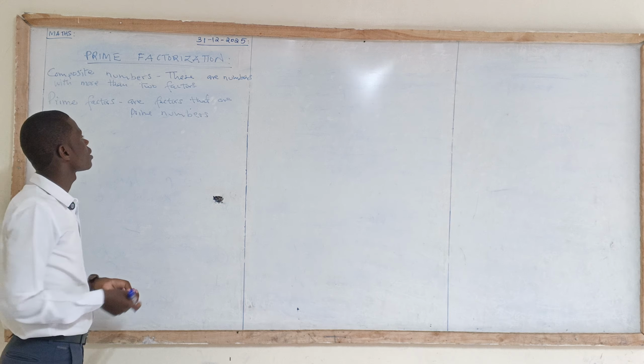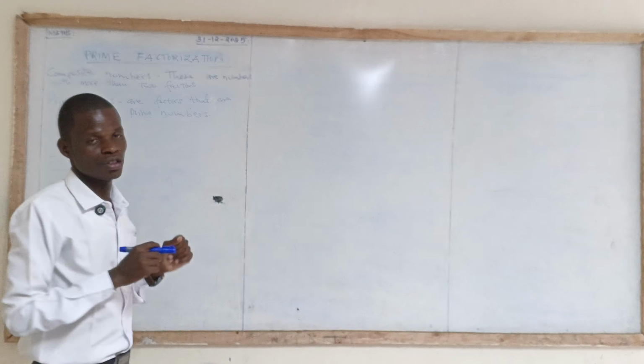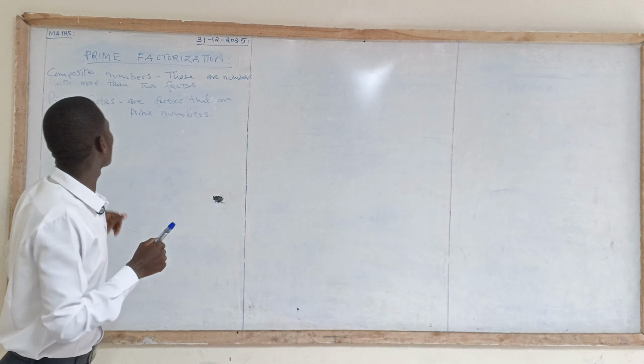Is there anything now that you don't understand from the definition? No. So from here, after knowing composite numbers, any composite number that you have, 36, that's a composite number. Even 9 is a composite number. Even 6 is a composite number. 40, 100, 1 million, 700.